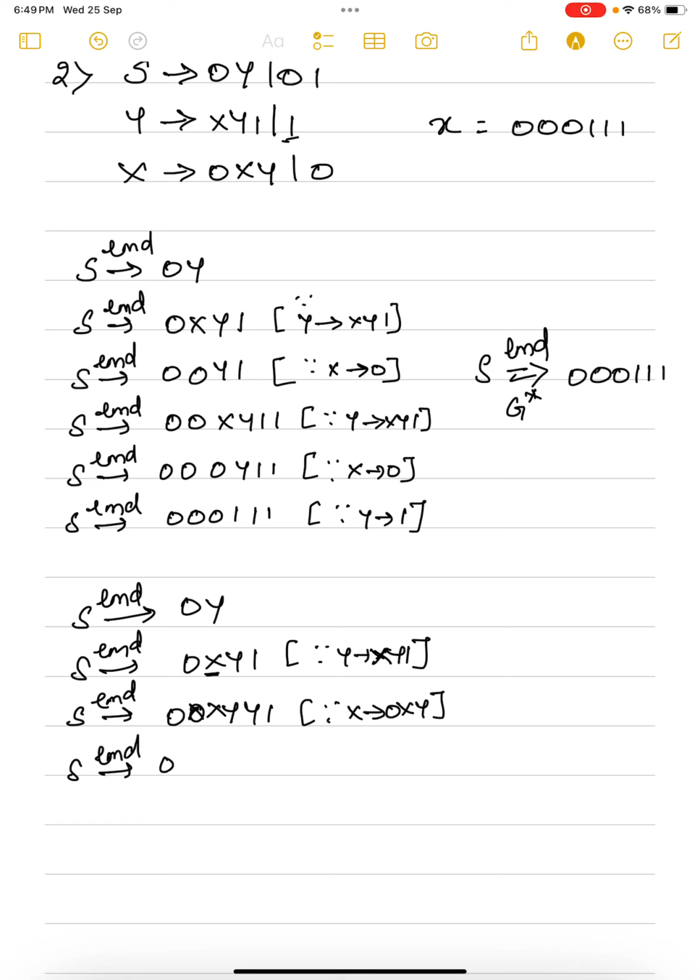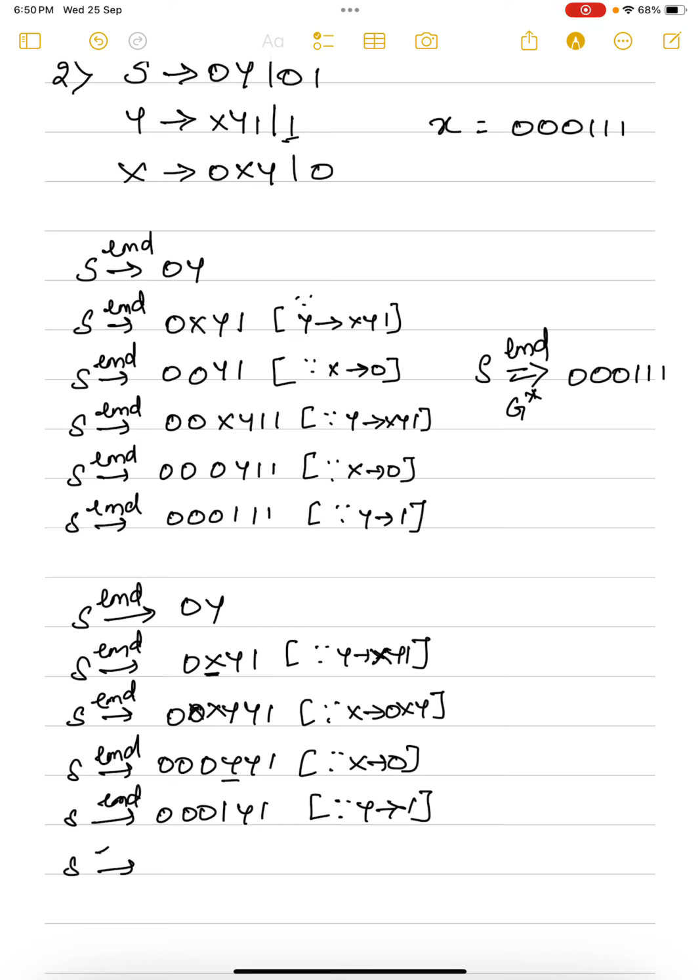Now again leftmost derivation: 00, this X we can use the production X goes to 0 and replace with 0, giving 00. And again leftmost derivation 000. Since you have a production Y goes to 1, you replace this Y with 1. Again, every time we have to replace only the leftmost non-terminal. Still we were able to derive 000111.